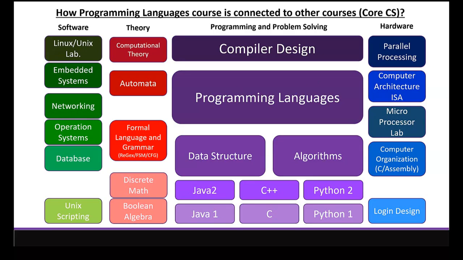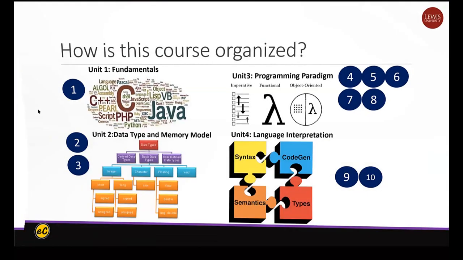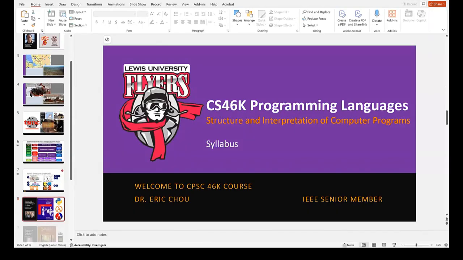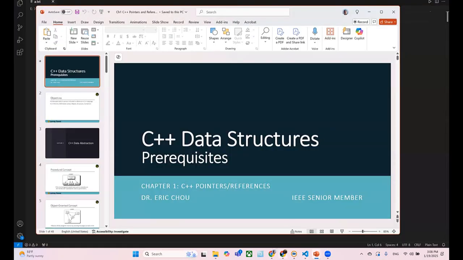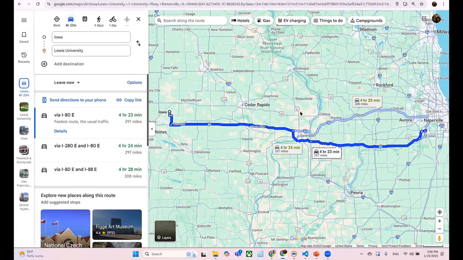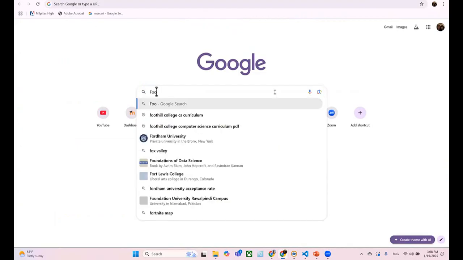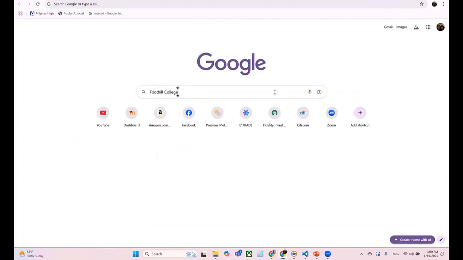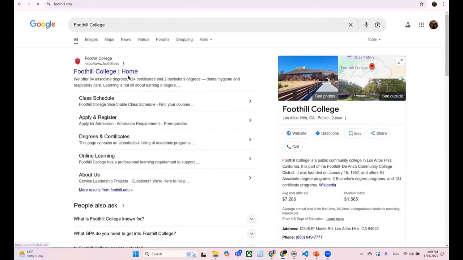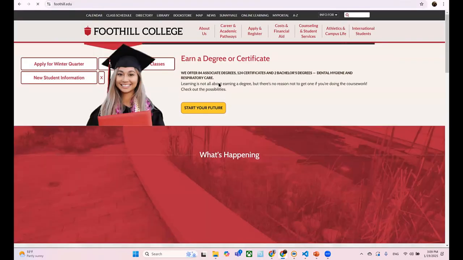If you go to community college, here I'm teaching you the basic programming one, but if you want to get credit and get a dual enrollment point from college, I strongly recommend Foothill College. California students, no problem, you can register and pay no fee.